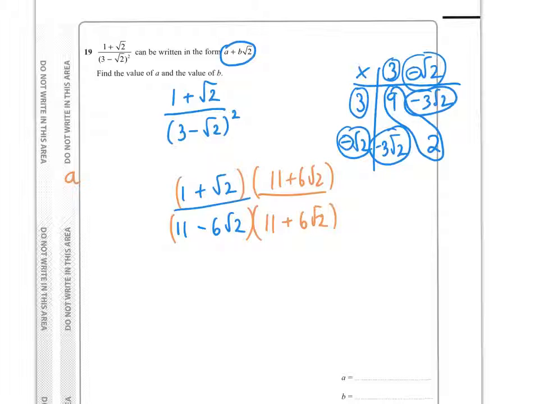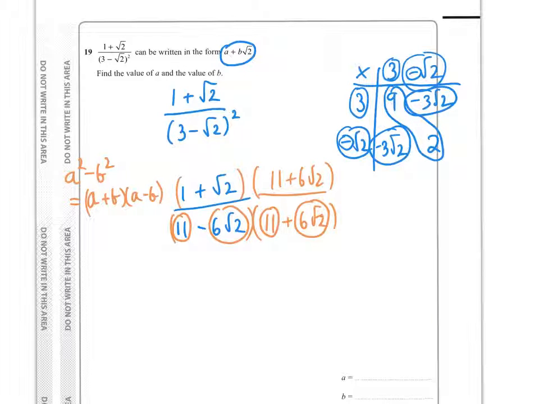Because when you have a squared minus b squared, it can always be written as a plus b times a minus b. So just give that a try. It will always work. So let's have a look at the denominator. Well, we know what that is. That's just going to be this number times this number minus this number times itself.